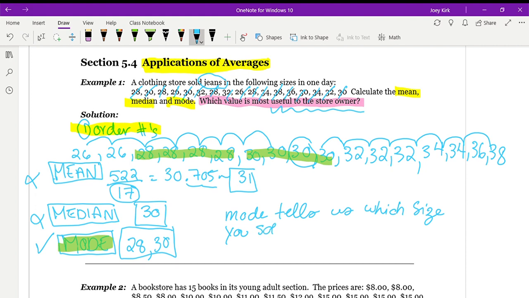So you need to know which size of jean you sold the most of so you can reorder for the next time, okay? So the mode is helpful when you're dealing with whole units, like things that decimals aren't going to work for. So you can't have half a jean. You can't have 1/4 jeans, okay? So the mode is the most useful there.